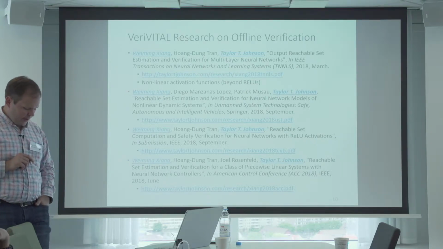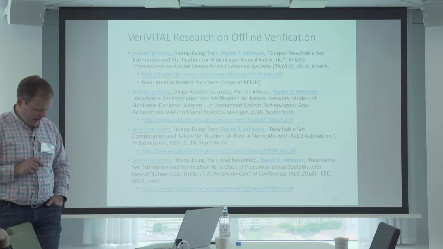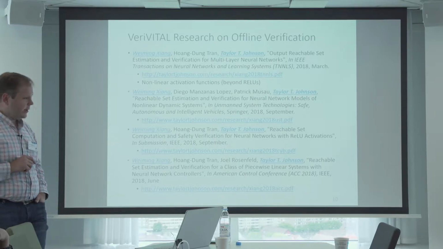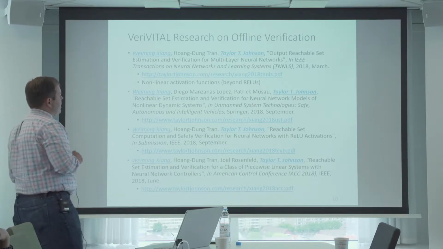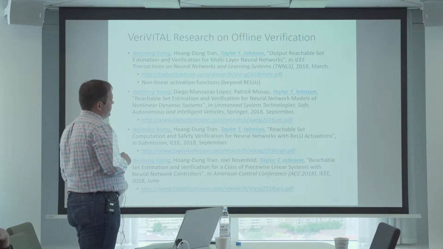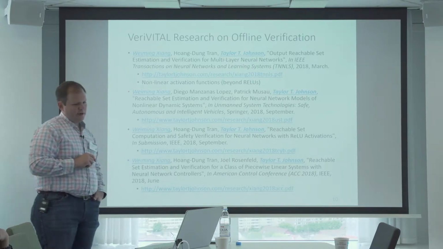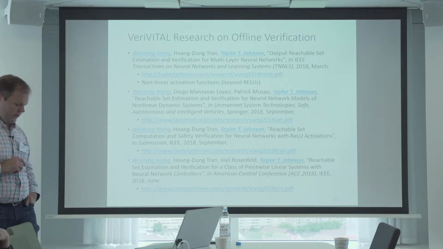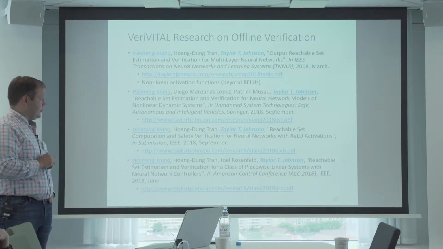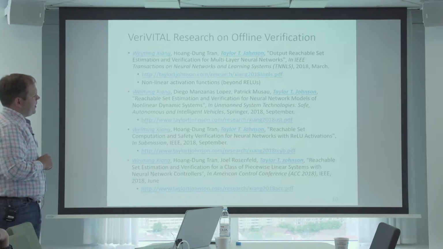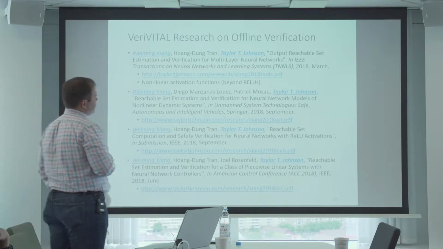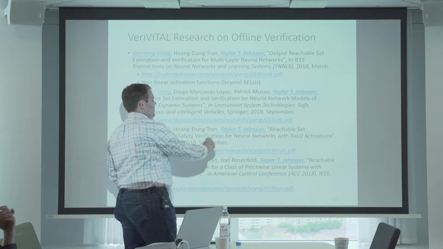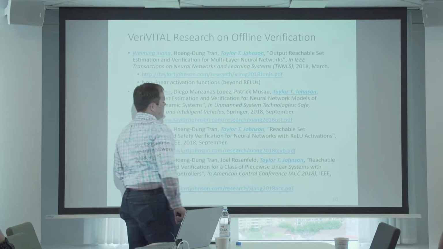A little bit more on where things are at with offline and online verification. There were a couple of CAV papers last year on analyzing neural networks with a form of piecewise linear activation functions. That's primarily what's been focused on, and I'm going to talk more about those types of systems on Friday.